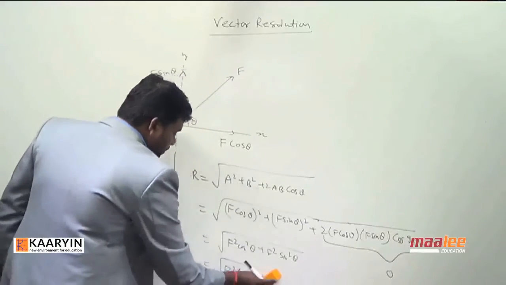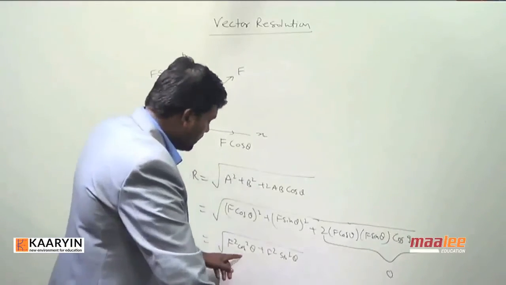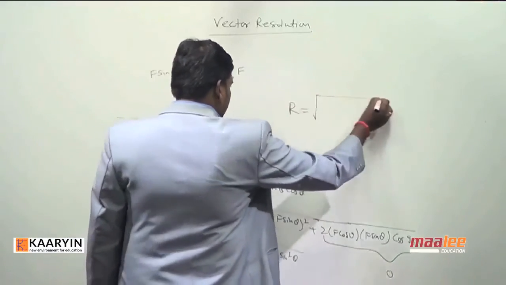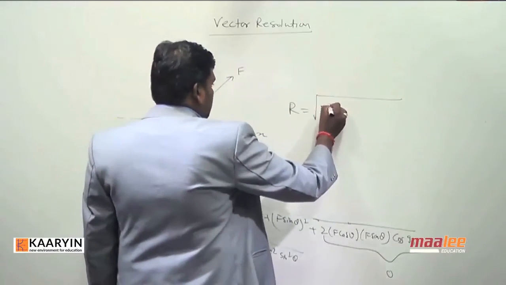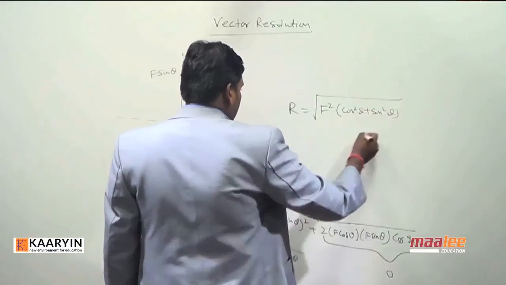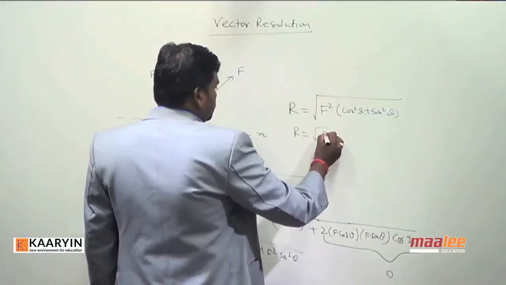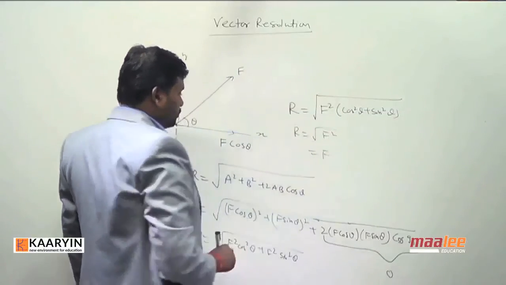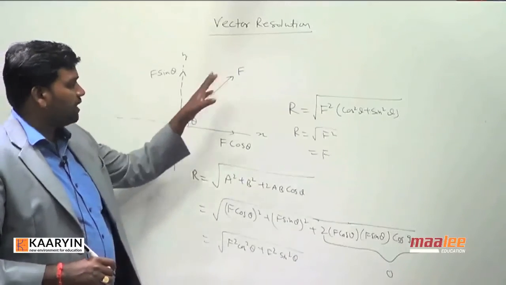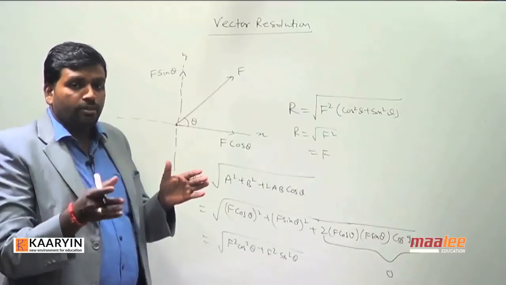I will write it separately here. Up to this, correct? What is common here? F square is common, so cos square theta plus sin square theta. This is 1, so root of F square is F. So see, as I have taken the resultant of F cos theta and F sin theta, again we are getting F. So this is the beauty.